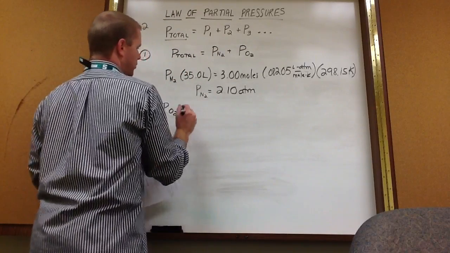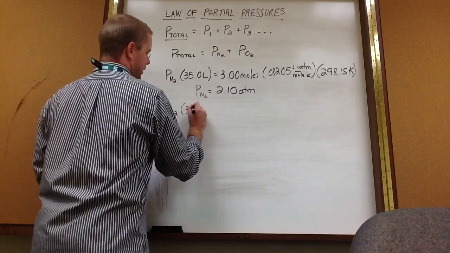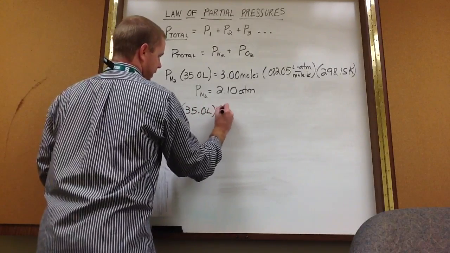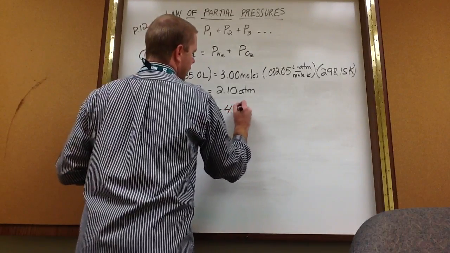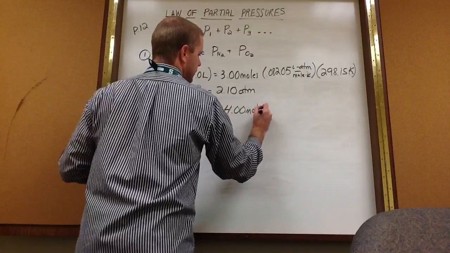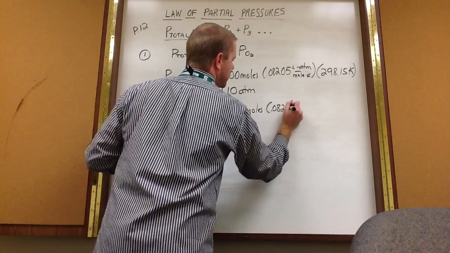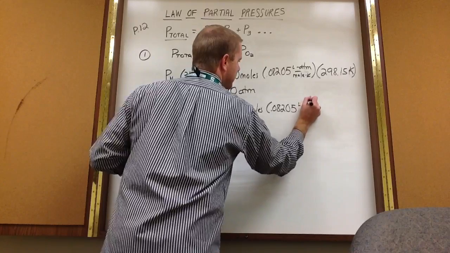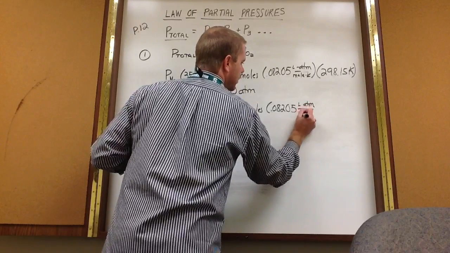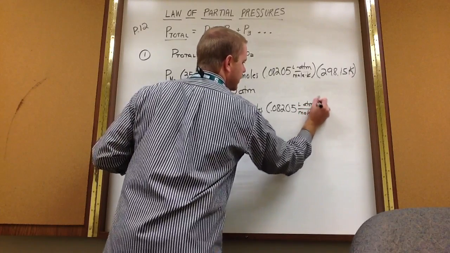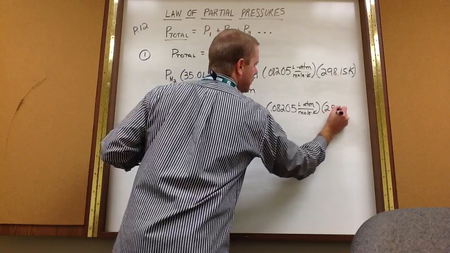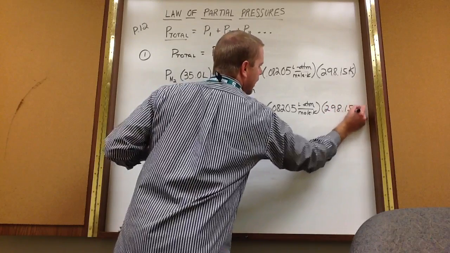Now the pressure of the O2, times 35.0 liters. It's in the same container. There are 4 moles of oxygen, it's told to you in the problem, times 0.08205 liter-atm per mole-Kelvin, and we're still at 298.15 Kelvin.